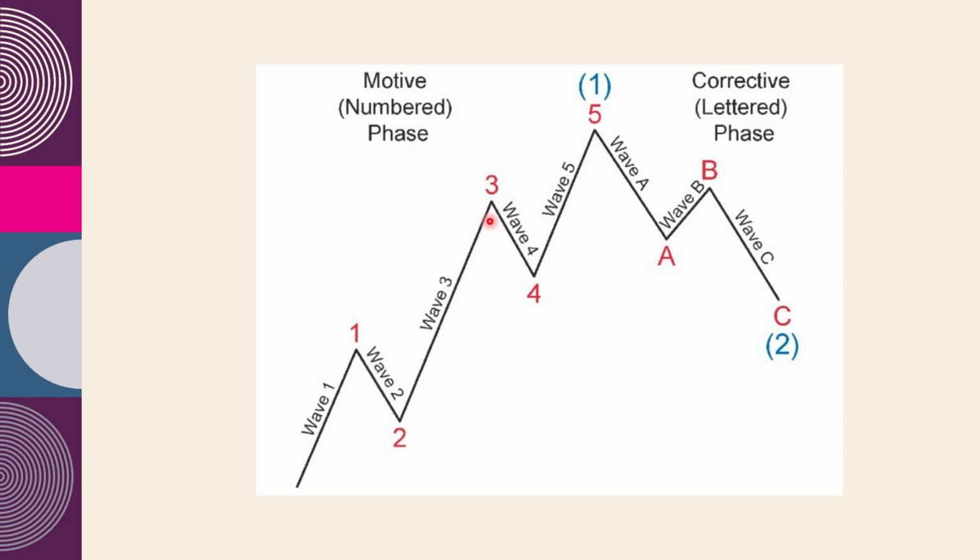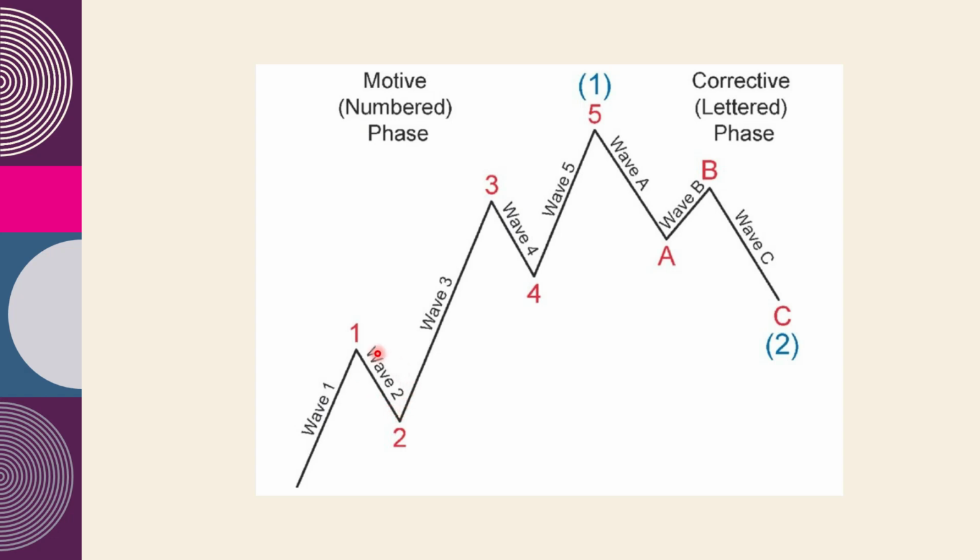Wave 2 and wave 4 are always corrective waves. Therefore, we call it an impulse wave as 5. An impulse wave comprises 5 waves, right? Though at this degree we see wave 1 as a single wave, if we go into the details or lower degree, we can see 5 waves. And corrective phases make 3 waves.